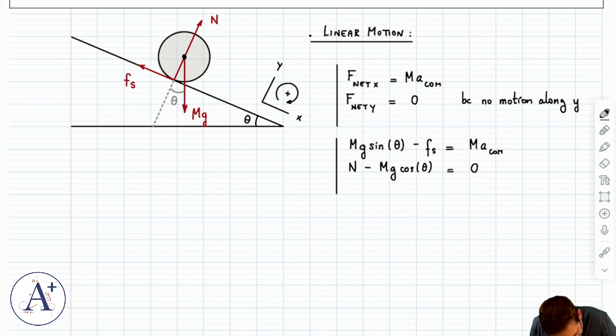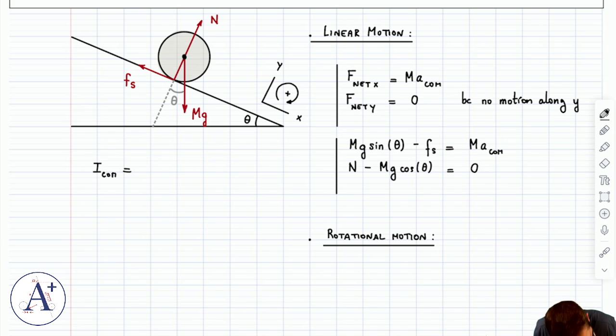Then let's deal with rotational motion. Now rotational motion is torque net equals I alpha. As a quick reminder, I center of mass is equal to, this is a solid sphere, so it's 2/5 of big M r squared.